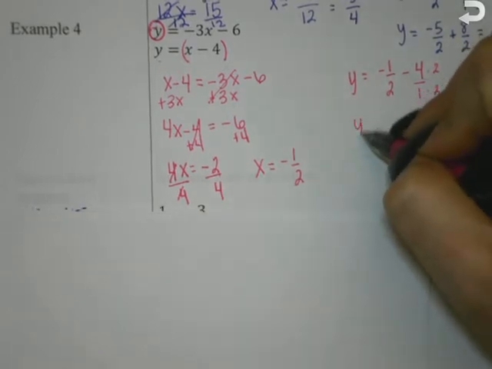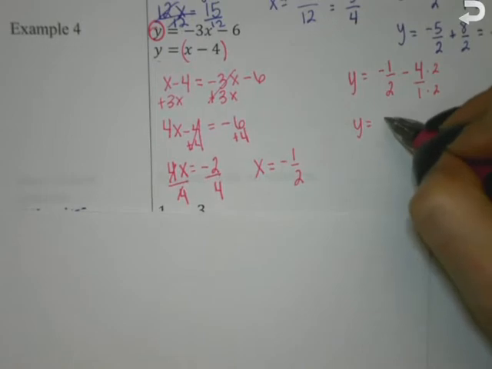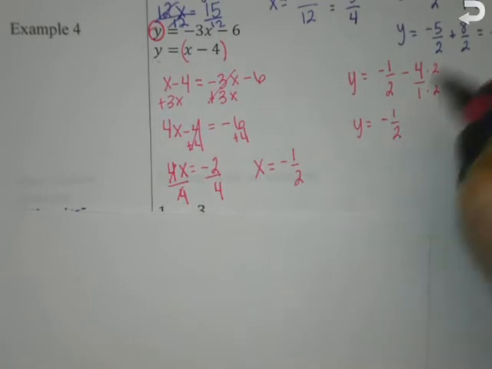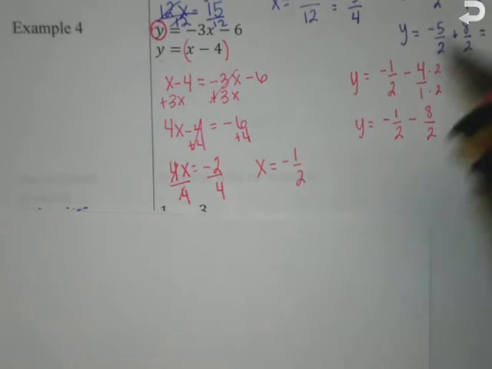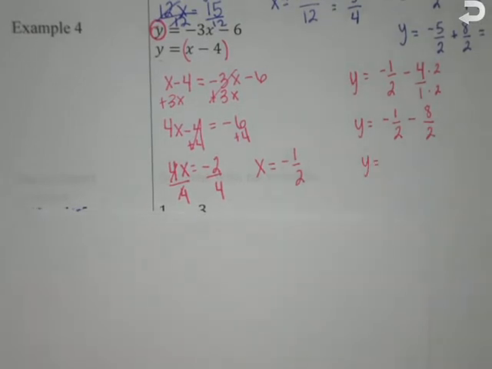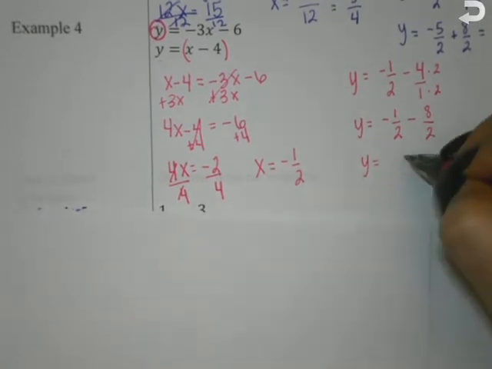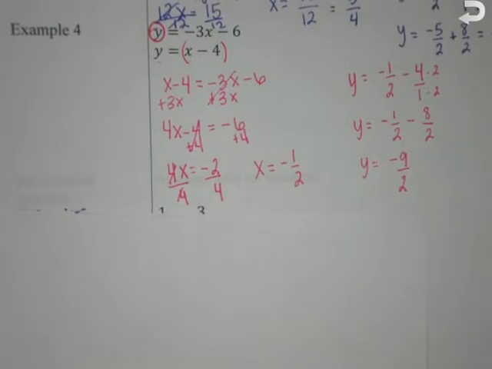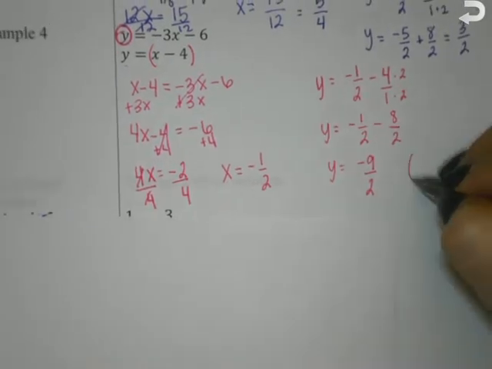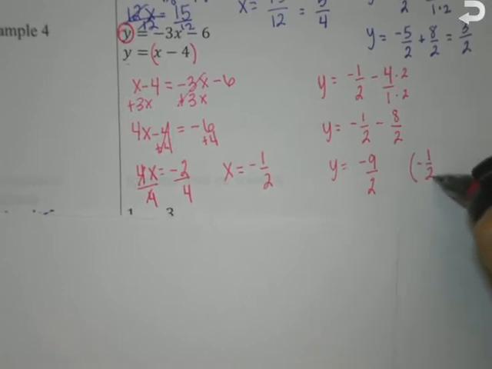And that gives me y equals negative 1/2 minus 8 over 2. Which gives me y equals what, guys? Negative 9 over 2. So how would I write this as an ordered pair? Perfect.